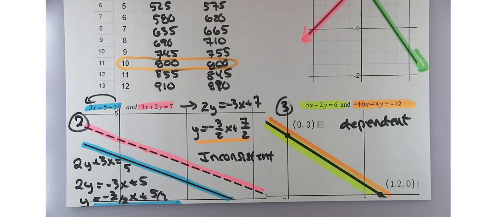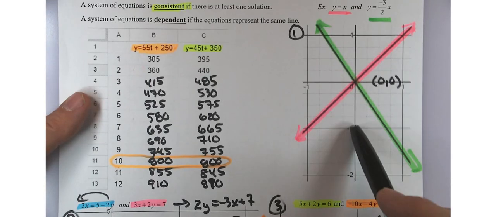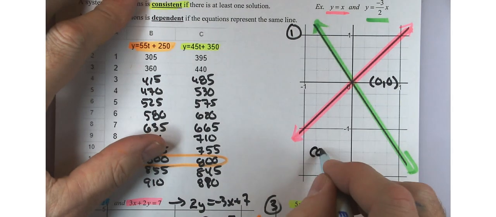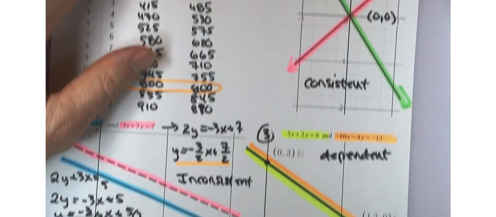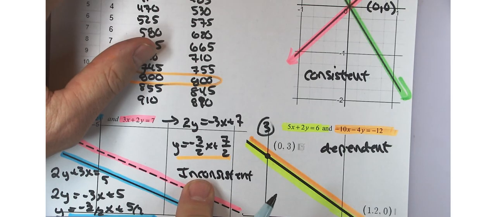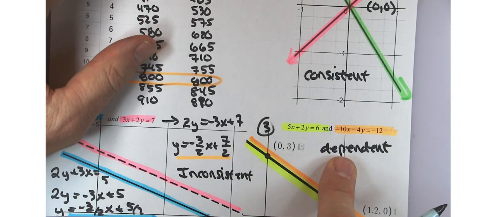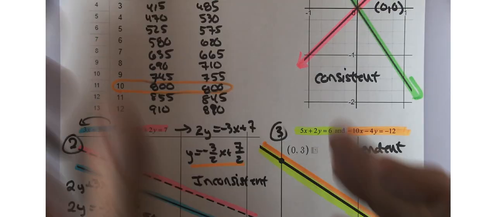But these are the 3 things that can happen when you're working with a system of equations. You can have a consistent case, which is great. You can have an inconsistent case, which is kind of a bummer. And you can have a dependent case, which would be this last one, where the 2 lines are really the same.